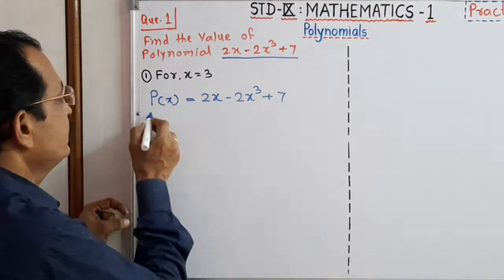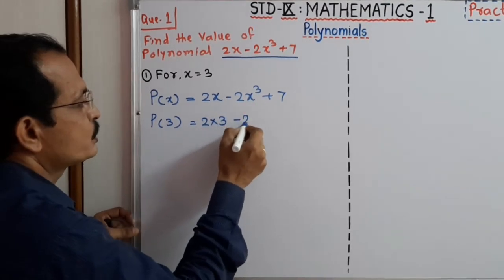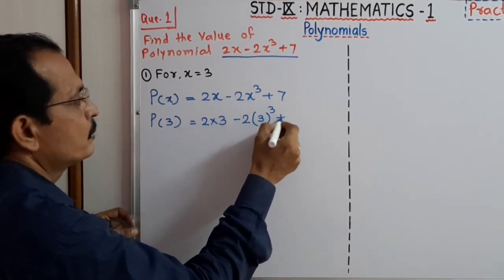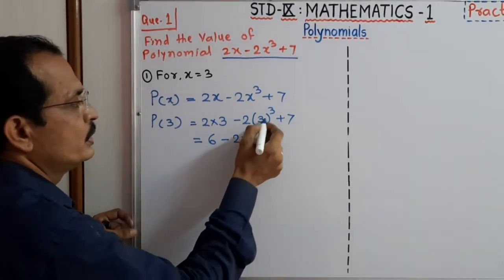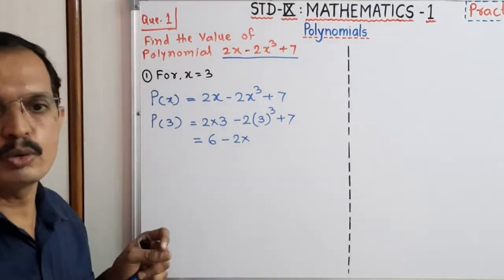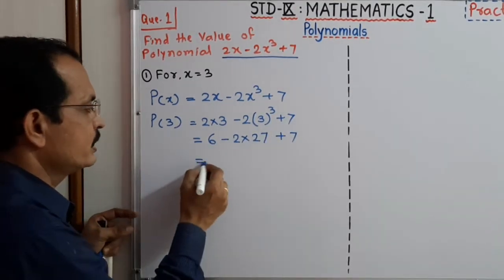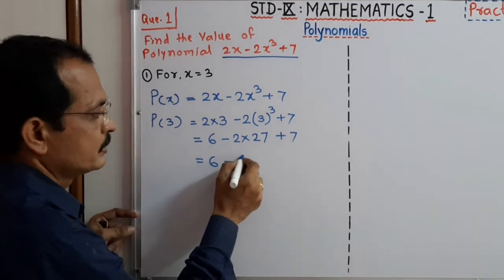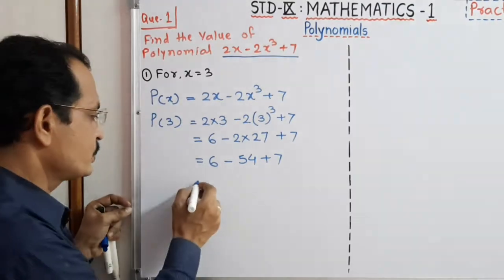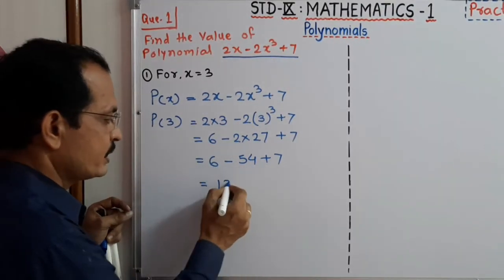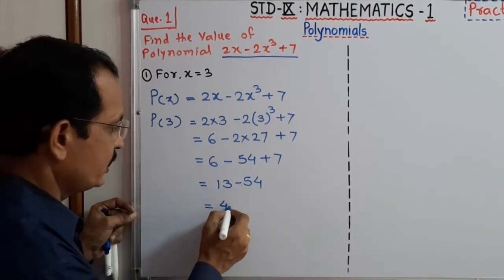Now see, p(3) is equal to 2 into 3 minus 2 into 3 cube plus 7. 3 twos are 6 minus 2 into, here we have to do the cube of 3. It is 27, plus 7. Now see here, 6 minus 54 plus 7. Now dear student, it is 6 plus 7, 13 minus 54. Dear student, it is minus 41.